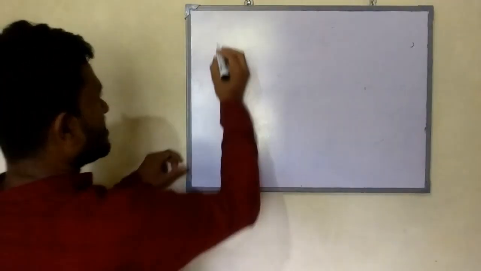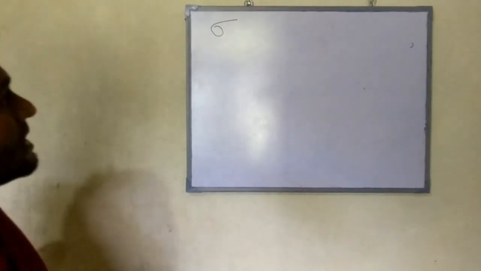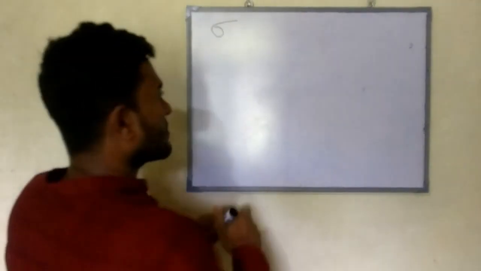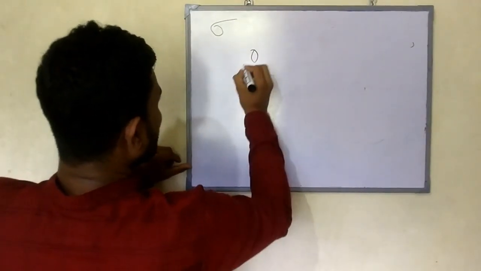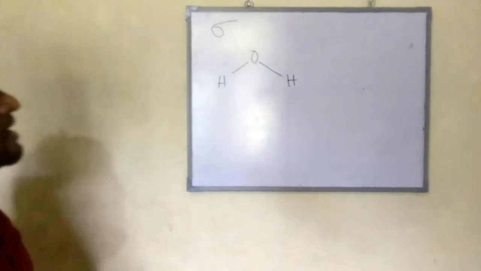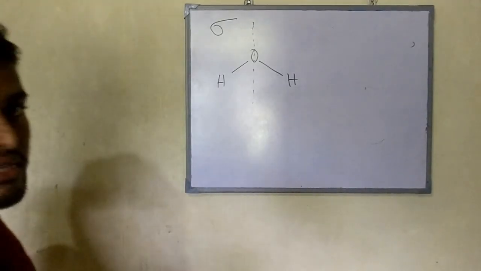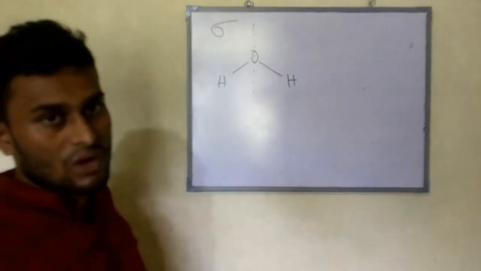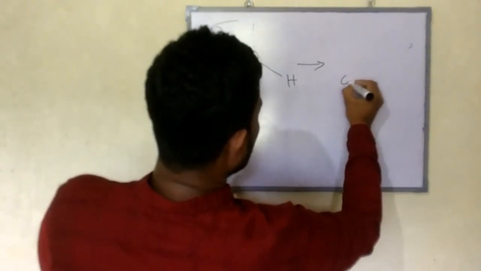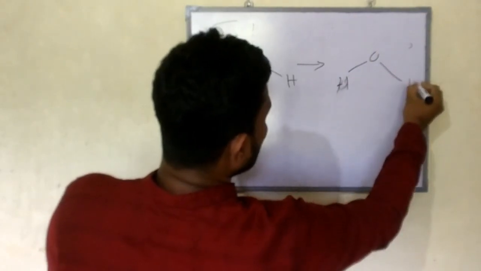The other symmetry element is the plane of symmetry, that is sigma. This is not a rotation actually. This is just putting a plane. If you think about this water molecule, if you put a plane like this, you can separate this water molecule into two halves.